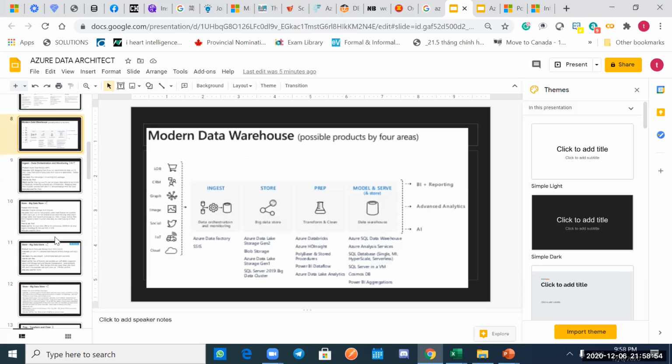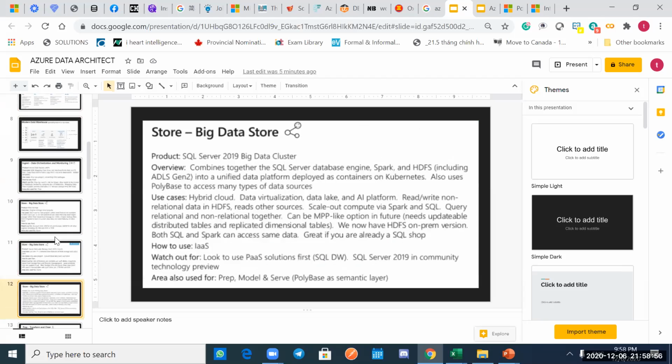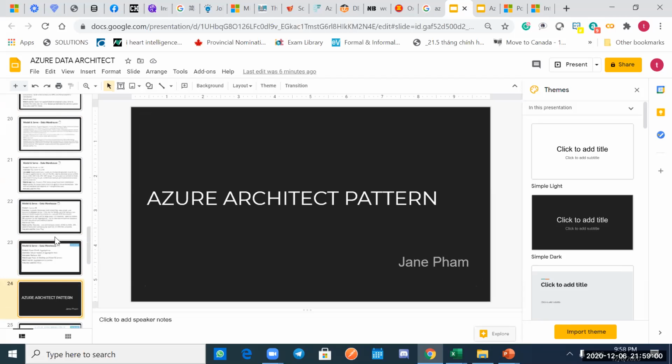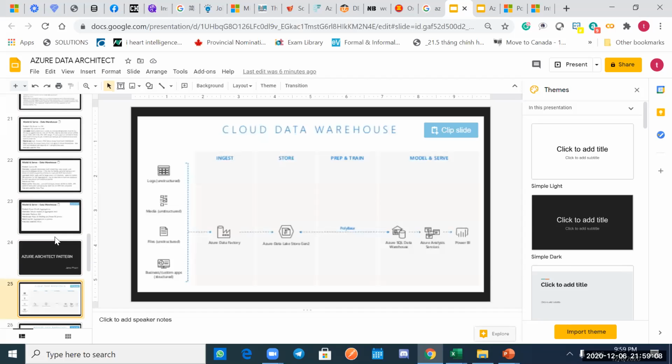I'll try to cover all of these slides in the next session. After that, we talk about the architecture patterns: the data warehouse, the data lake, and other architectures that will help you address the scenarios in the exam.